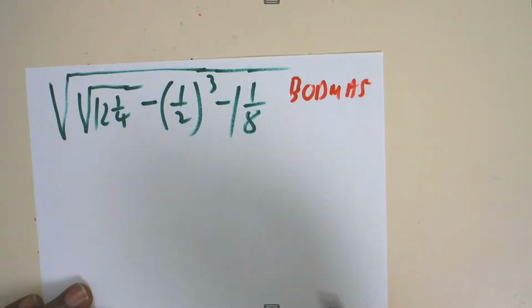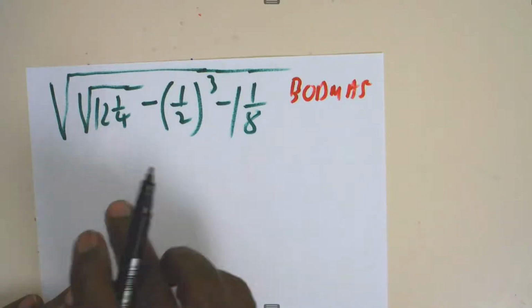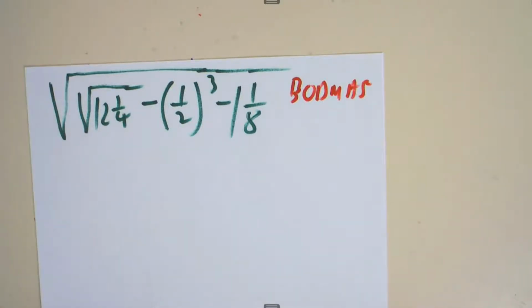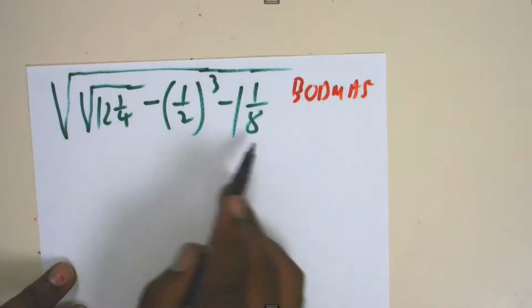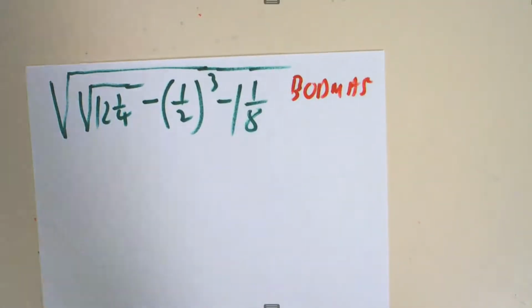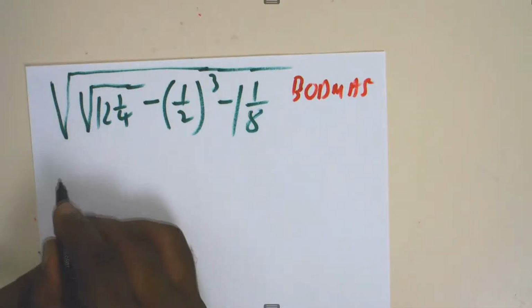If they're of the same kind, power and exponents, you start from left to right. If it's addition and subtraction, you start from left to right. If it's division and multiplication, you start from left to right. But remember, we have to start inside the big one, the pieces that make the big one. That's where we have to start.